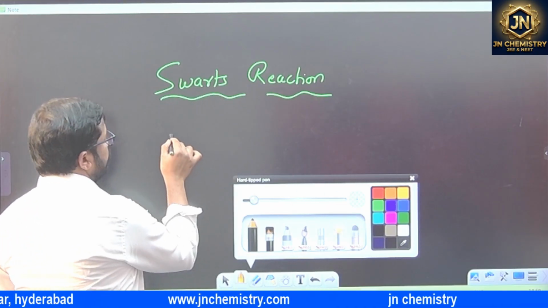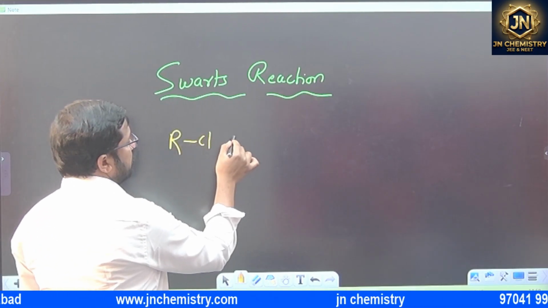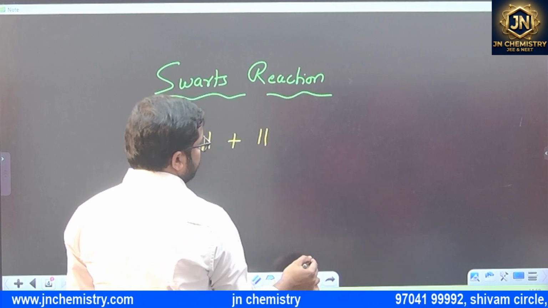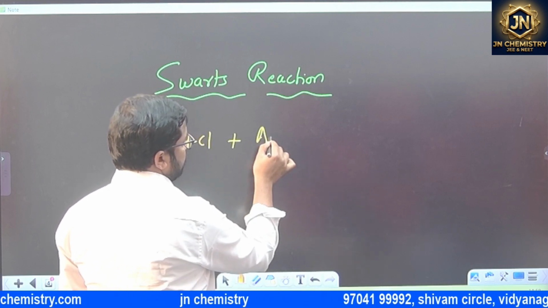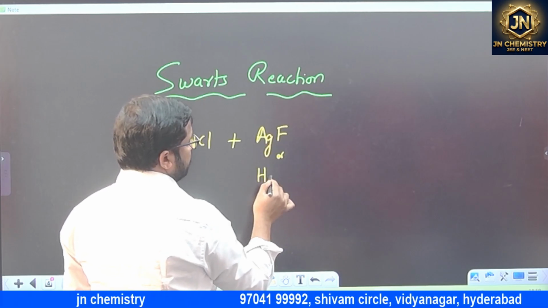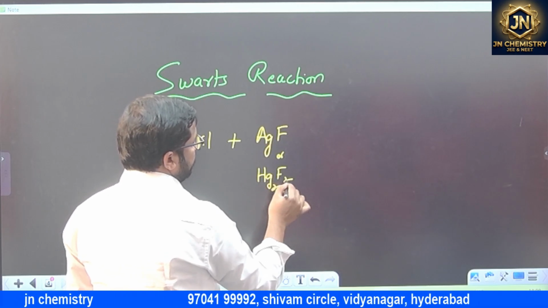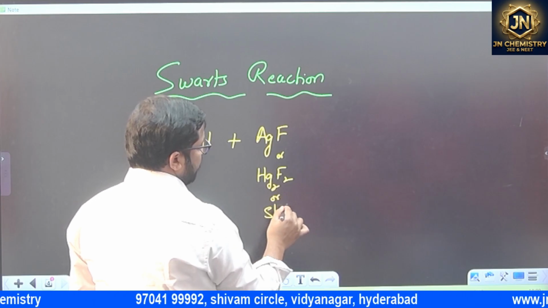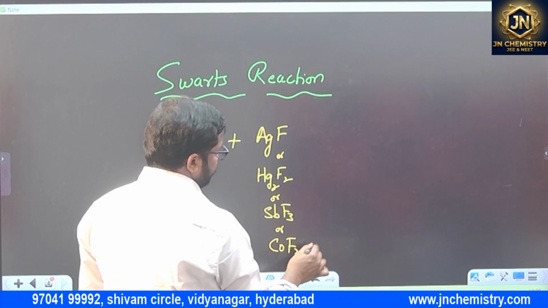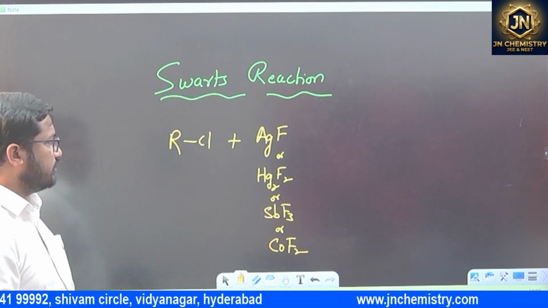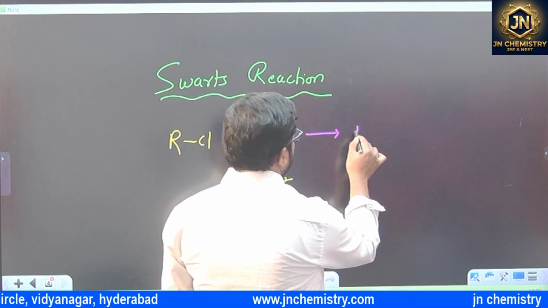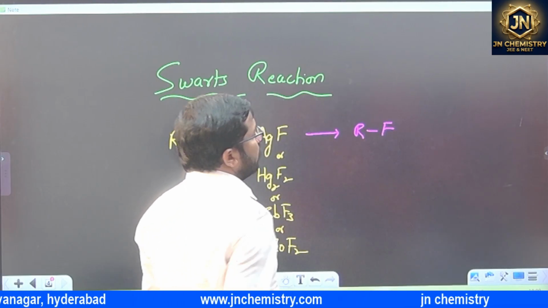Either chloro or bromoalkanes, RCl or RBr, with Hg2F2, AgF, SbF3 or CoF2. Anything we can use, we will get RF, fluoroalkanes.